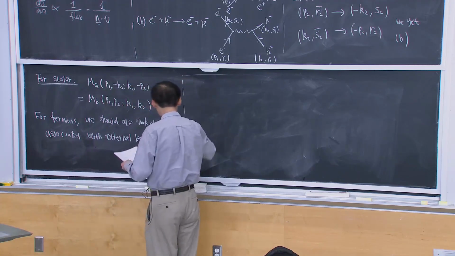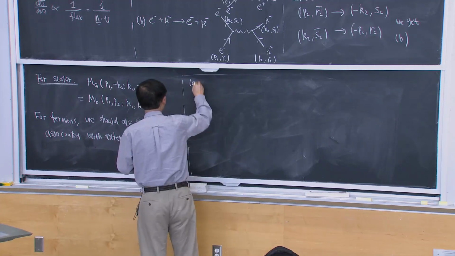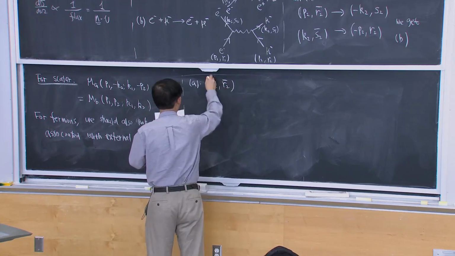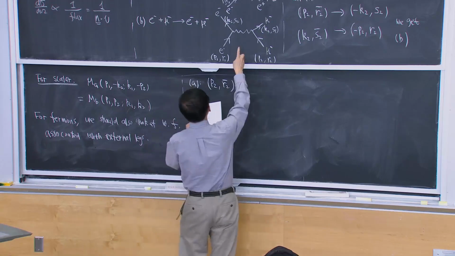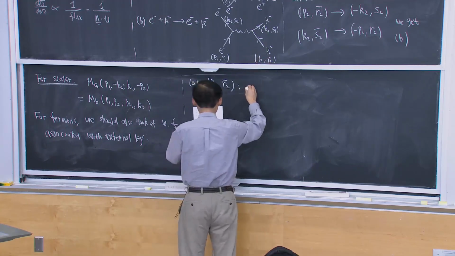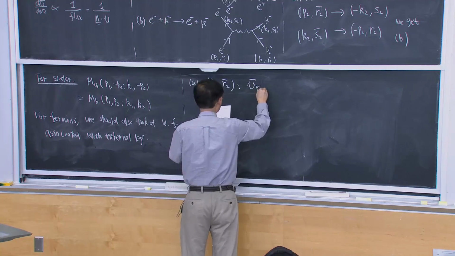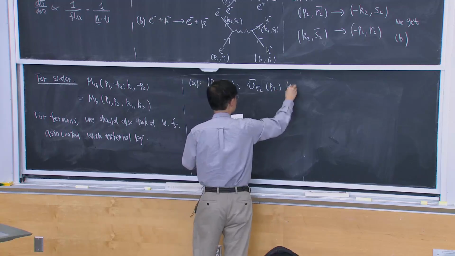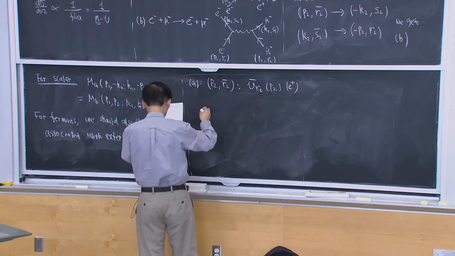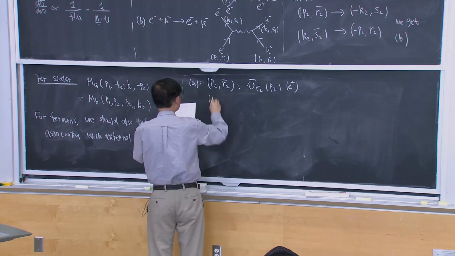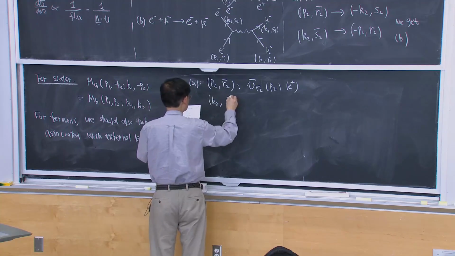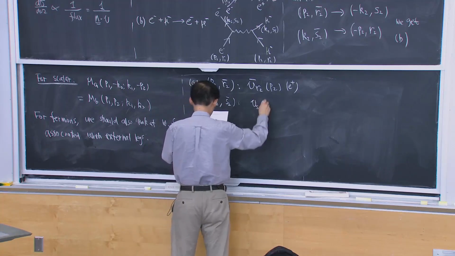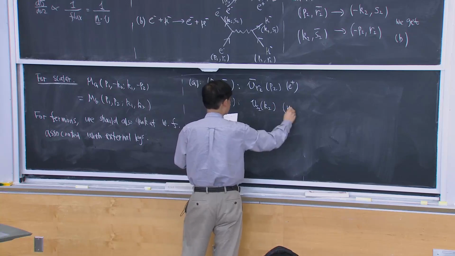So let me write down those wave functions explicitly. In A, the P2, R2 bar are associated with the wave function V bar R2 P2. This is for the e plus. And the K2, S2 bar are related to V S2 K2. This is related to the mu plus.